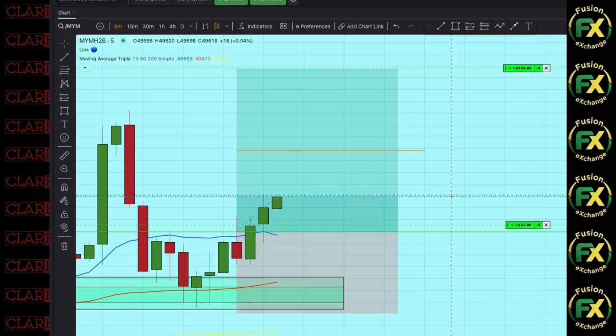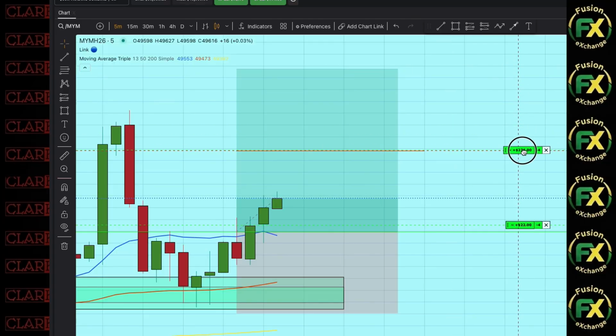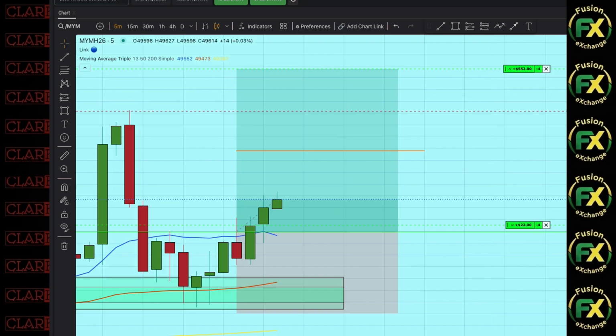That's an indication that price might reverse and go the opposite direction, and hit your stop loss. So I'm thinking about closing. I don't like this time of day, the volume is really low.